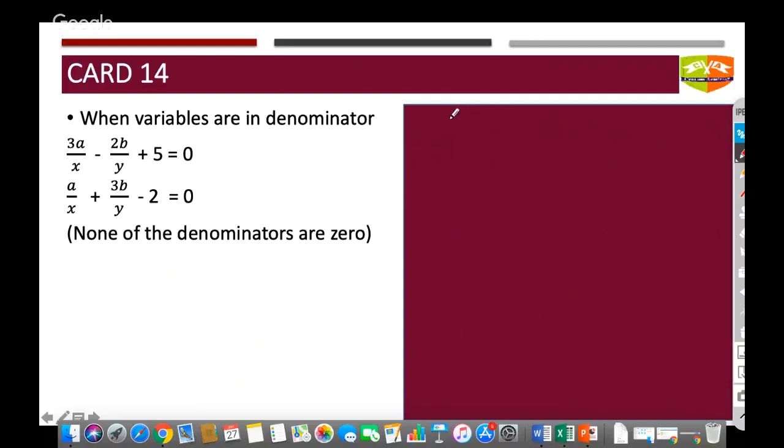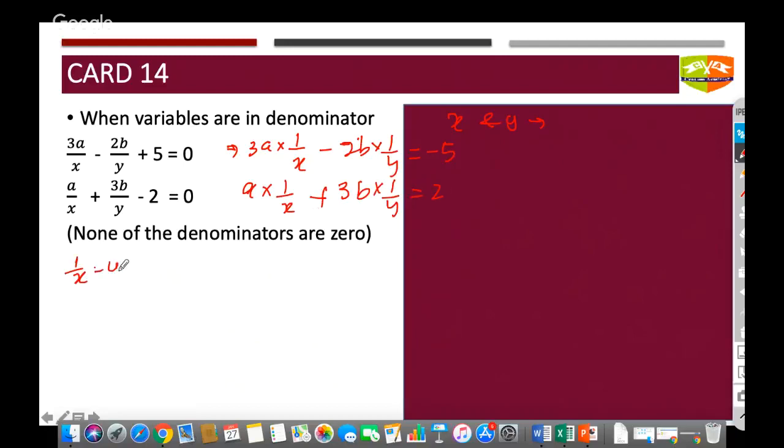The variables here are x and y, but they appear in the denominator, so I can write this as 3a into 1 by x minus 2b into 1 by y is equal to minus 5, and a into 1 by x plus 3b into 1 by y is equal to 2. Now let 1 by x be equal to u and 1 by y be equal to v.